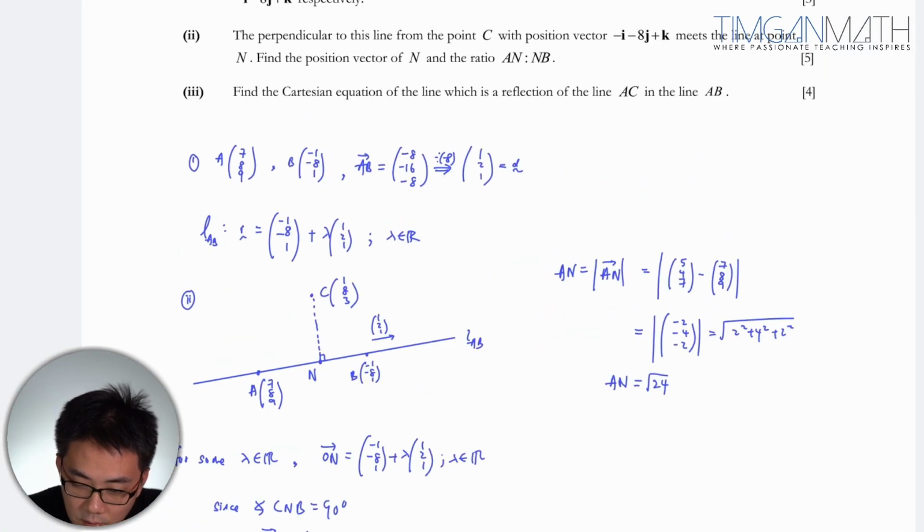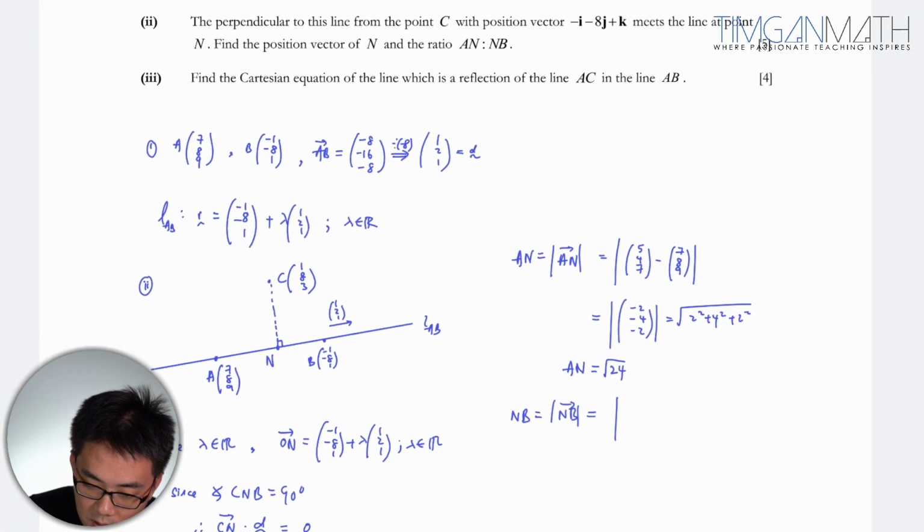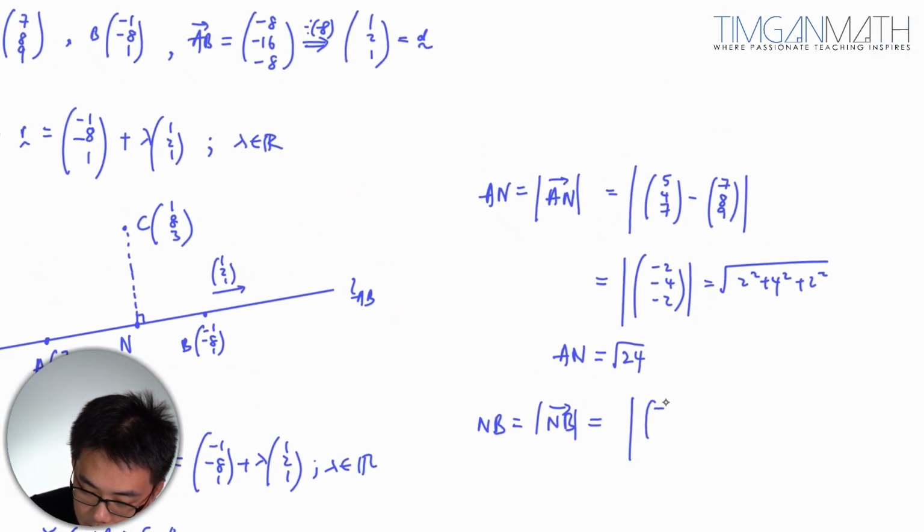Then after which you need to find NB. NB similarly is just the modulus of OB minus ON, which is (-1, -8, 1) minus (5, 4, 7).